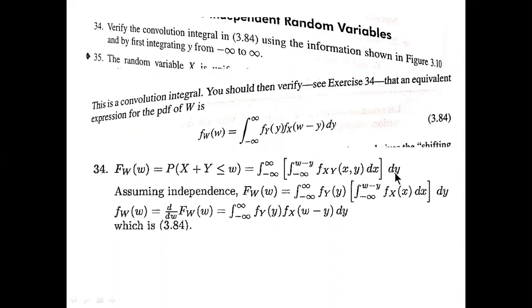The differential of the integral will get cancelled with the condition that this x will be replaced by w minus y, and hence we'll have fx of w minus y. And this is nothing but the convolution integral which we have over here.